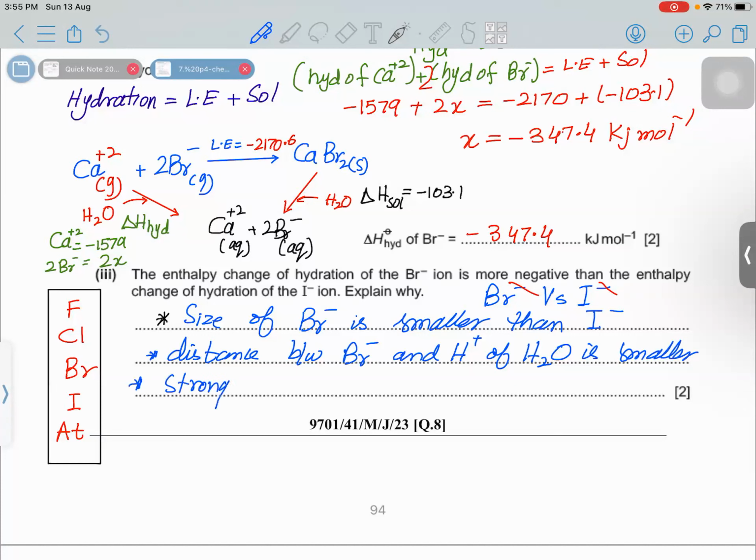Strong electrostatic force of attraction between Br negative and H positive with water molecule.